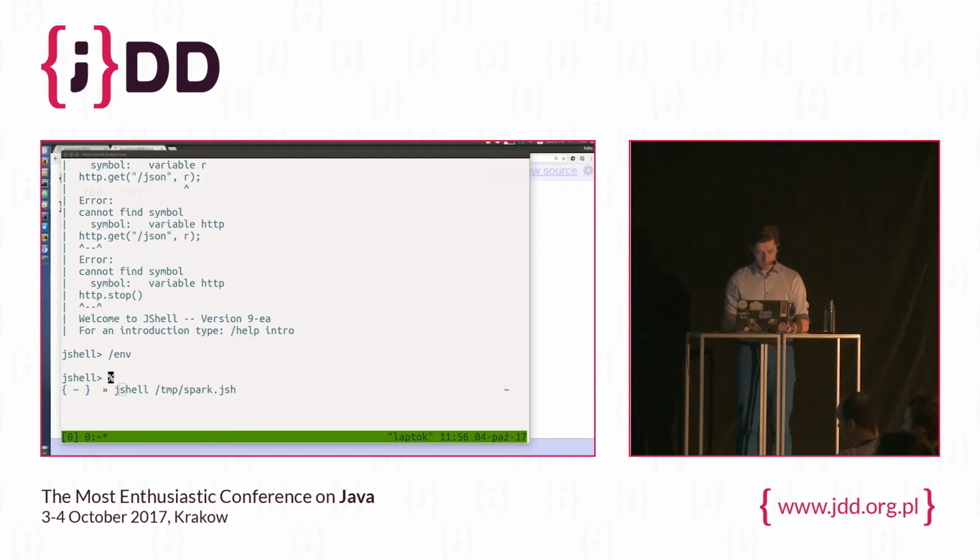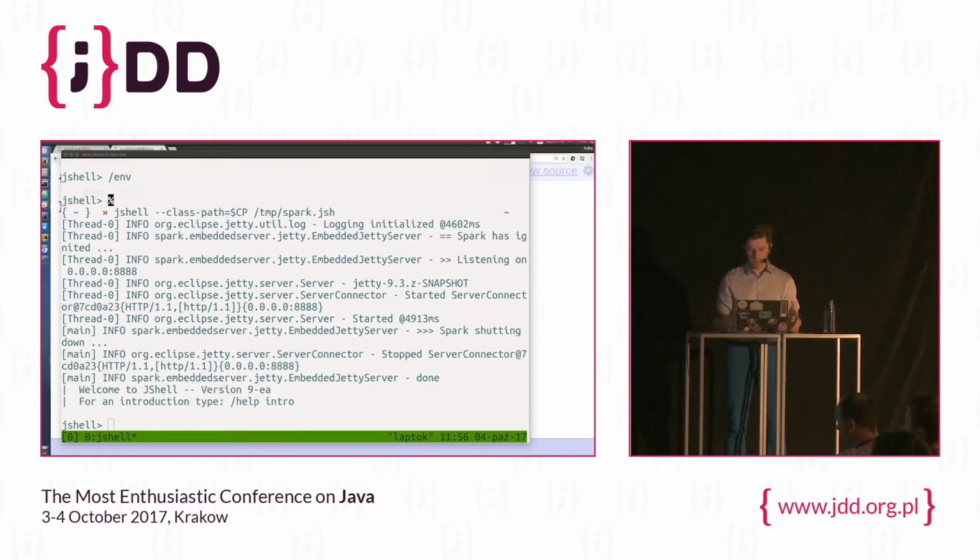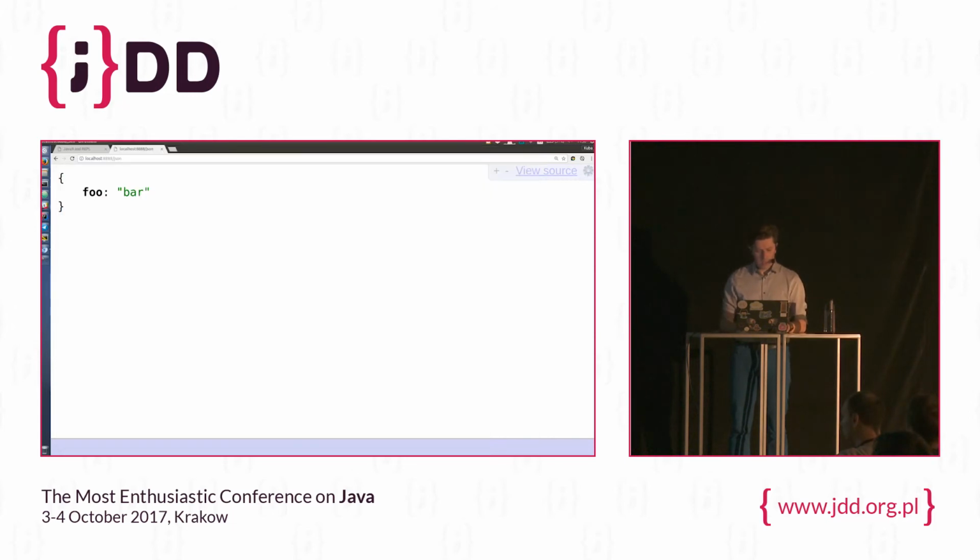But if I run JShell with the class path parameter, now it should work. So I can store everything in a file and then make JShell run it and jump in directly into the shell.